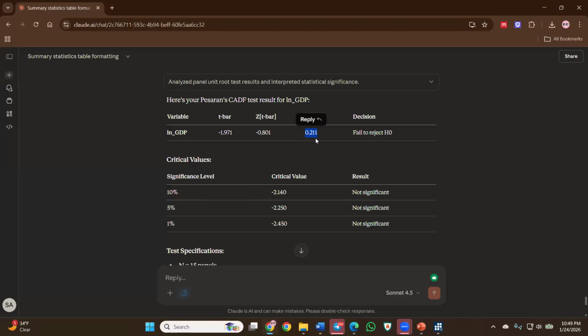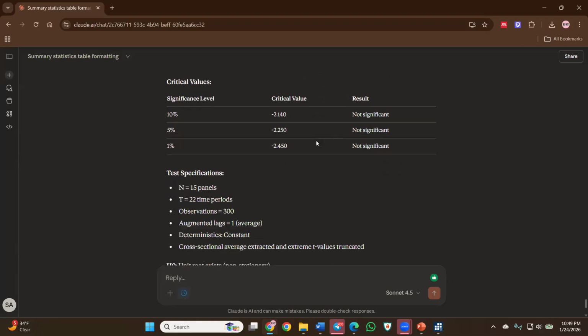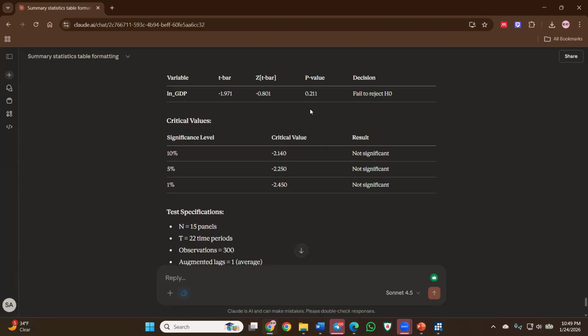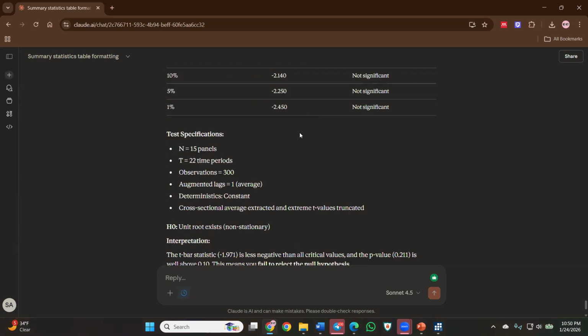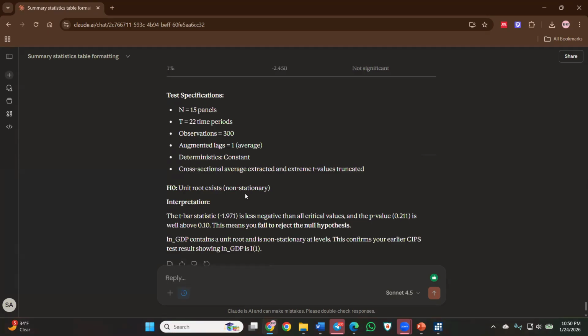The p-value we had is 0.211. That means it is not significant. If it is not significant, then we fail to reject the null hypothesis.